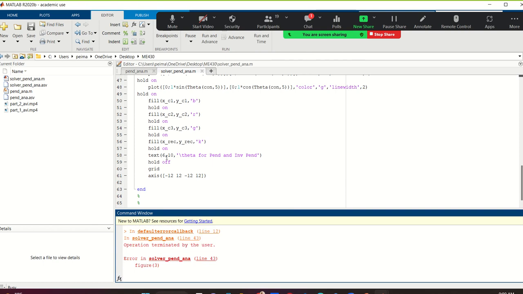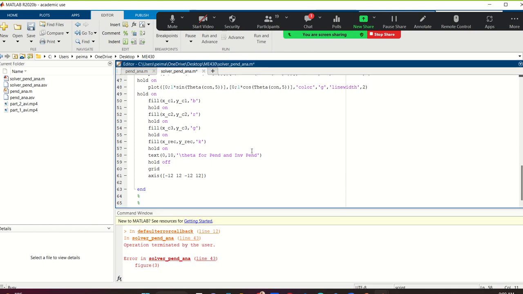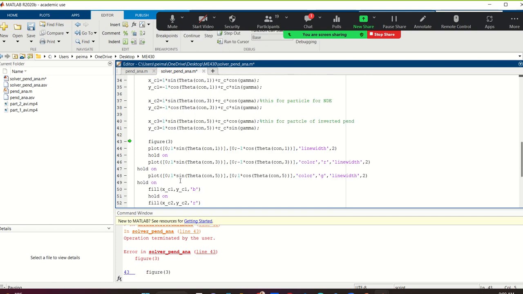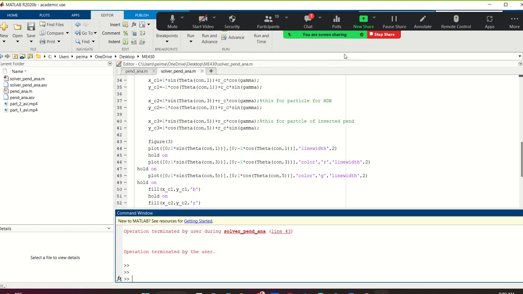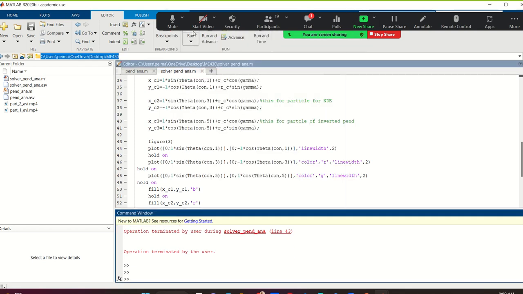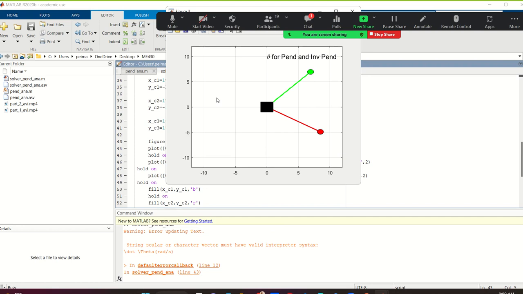Obviously, you can set the font size to 14 to make it more clear. Okay, there we go.